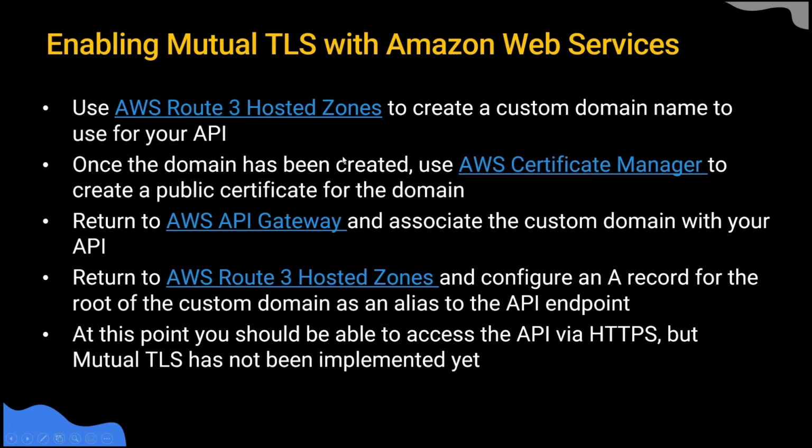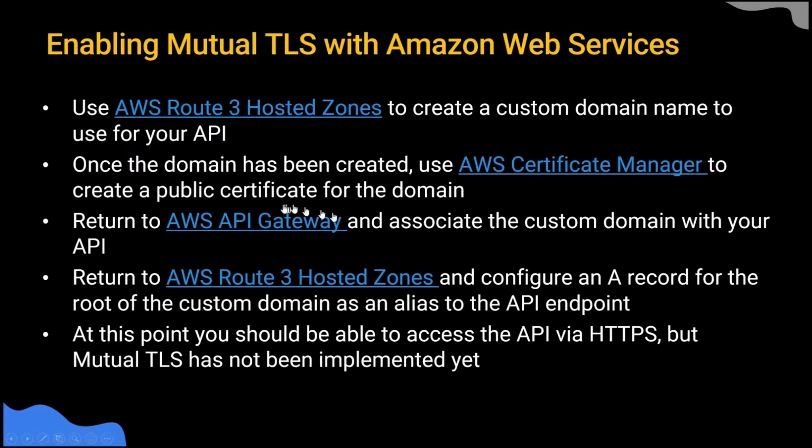Because what I want to do is I want to have the first part of mutual TLS, which is the server certificate. In order to have a server certificate, I need to have a custom domain and create my certificate for the custom domain. So I will create the custom domain. I will use the certificate manager to create a public certificate for the domain. Remember, this is where we're using a third-party service, a trusted root domain service, to generate the certificate.